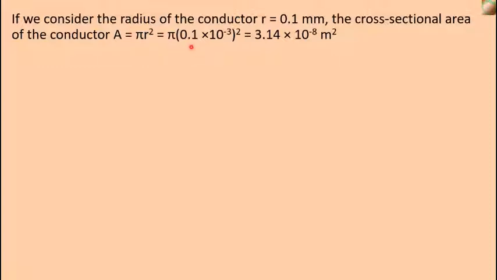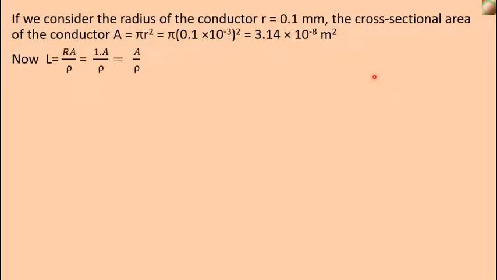Here 0.1 millimeter means 0.1 into 10 to the minus 3 meter; we have to convert to SI units, millimeter to meter. So pi times (0.1 into 10 to the minus 3) squared is equal to 3.14 into 10 to the minus 8 meter square. Now the cross-sectional area is very low.